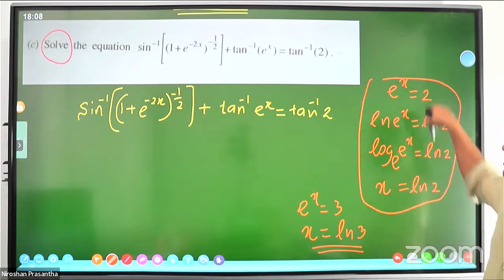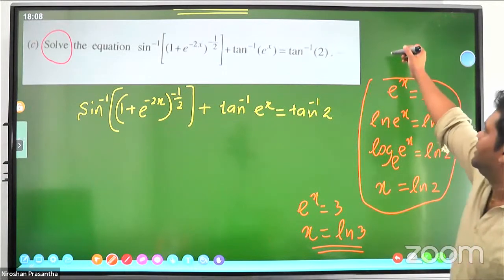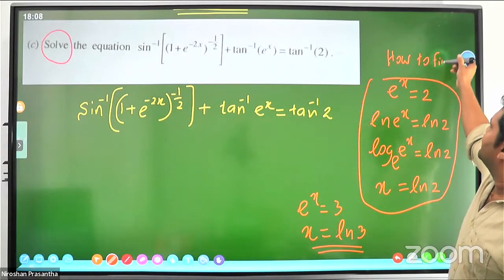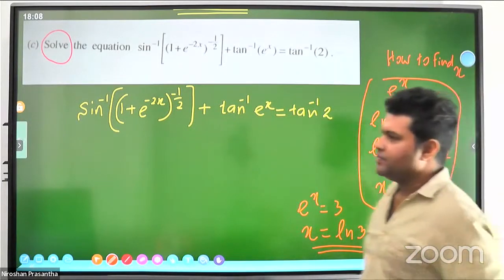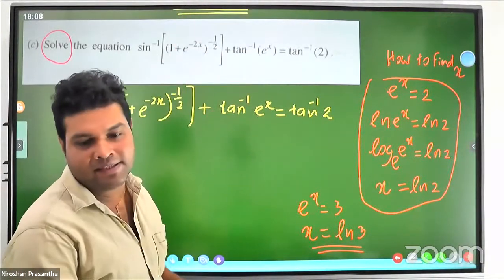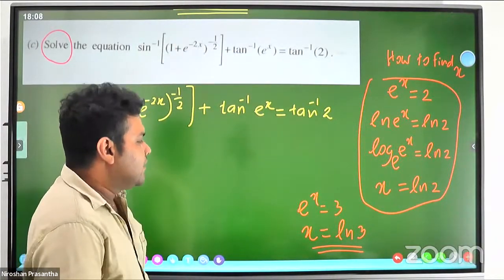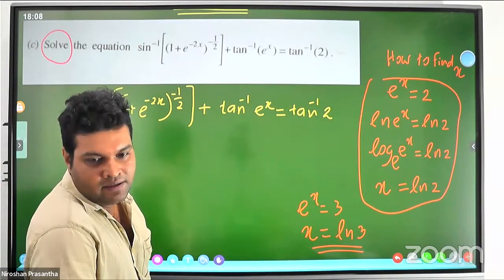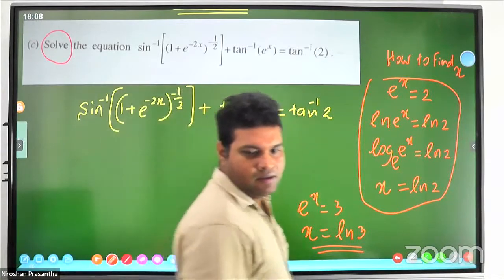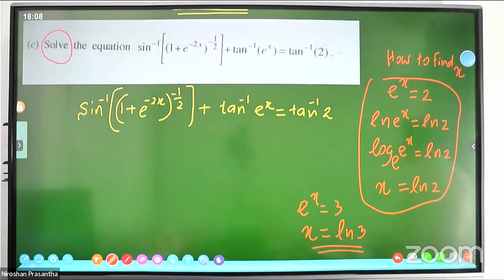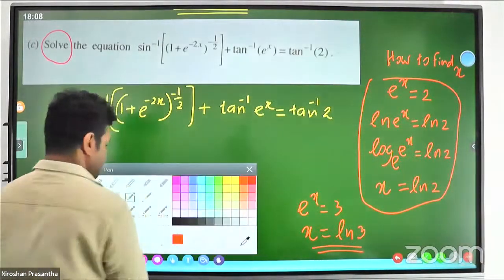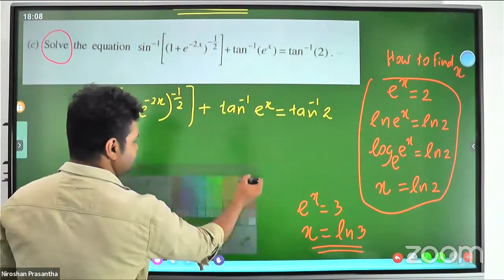Now, note this down, right? If you want that, how do we write it? How to find x? If there's something like e to the power x, then we can write your answer in terms of ln. Come on, hurry up now, we have to write down.